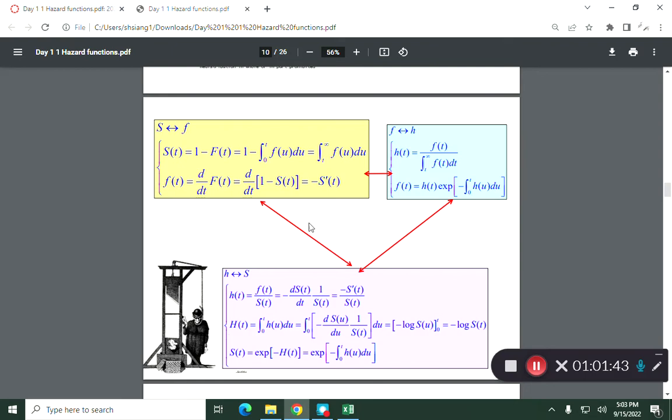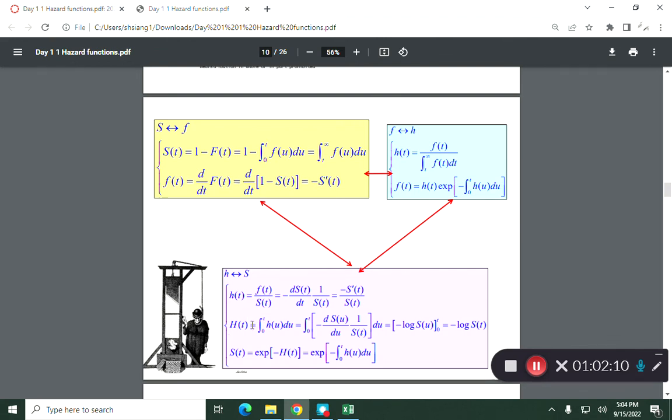Okay. Next, let's look at the bottom one. So what is the relationship between the hazard function and my survival function? The hazard function is f(t) over S(t). Why? Because we already explained it. If you want to talk about a hazard at time t, at age 30, you first need to survive, S(t).